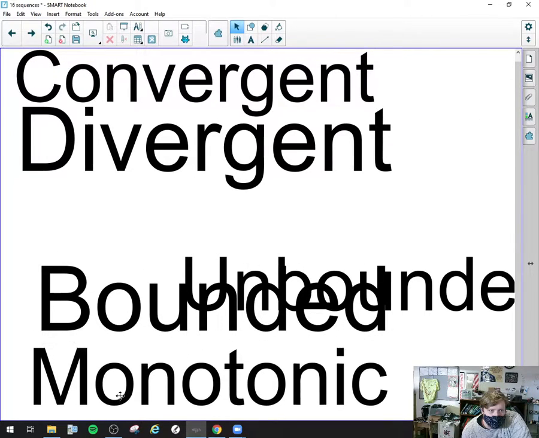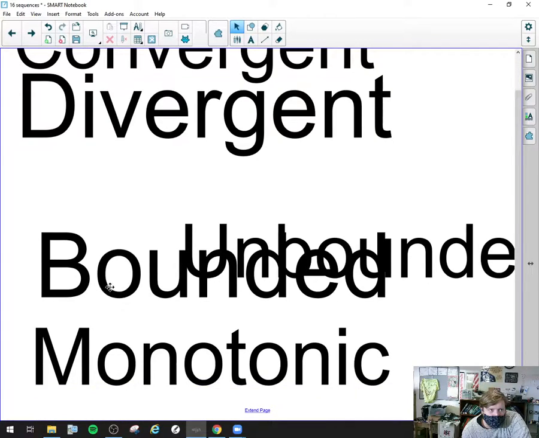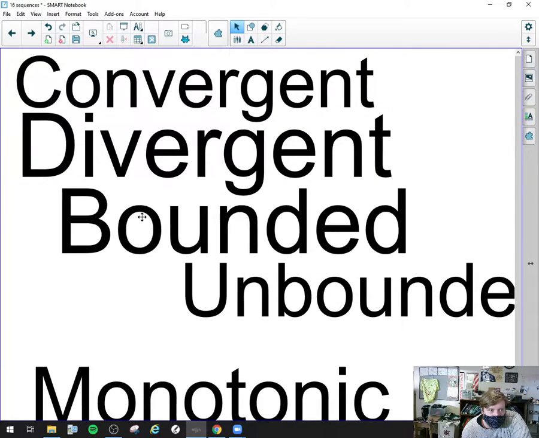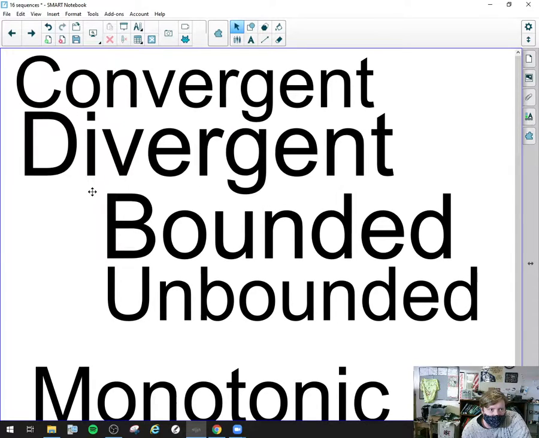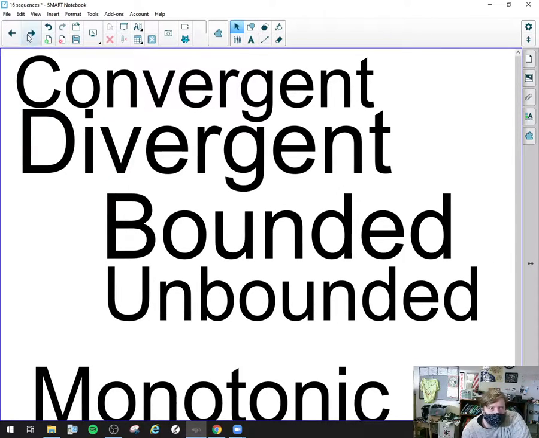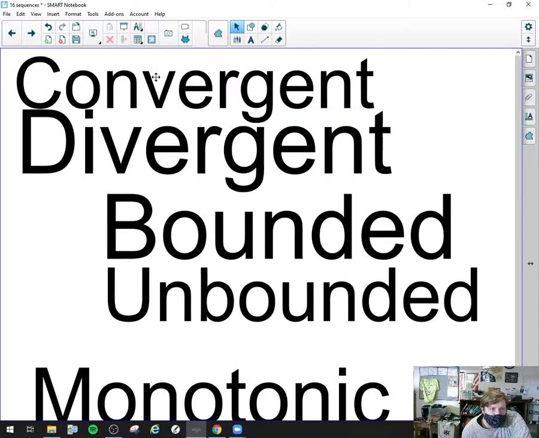And then monotonic is like its own thing. And then bounded and unbounded are related. Okay, so a convergent sequence is one that, as n goes off to infinity, approaches a number. Divergent does not approach a number.